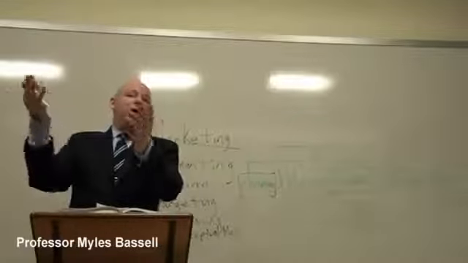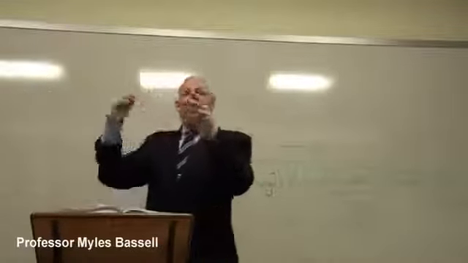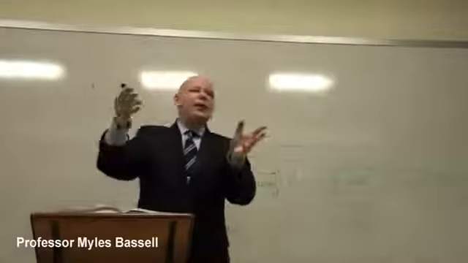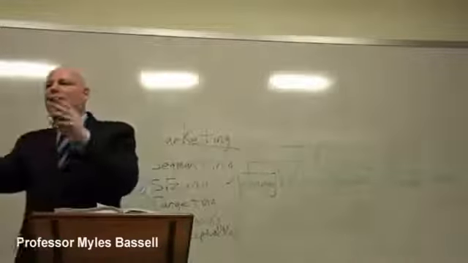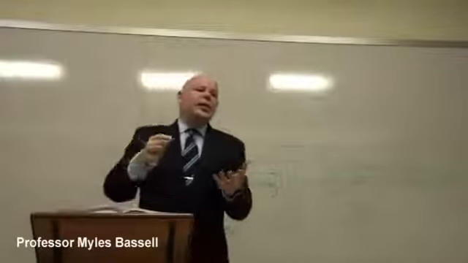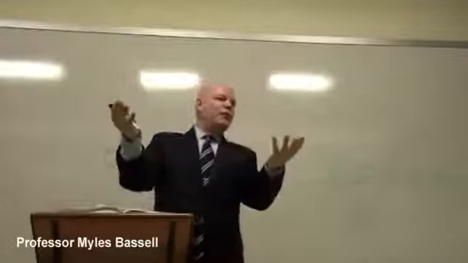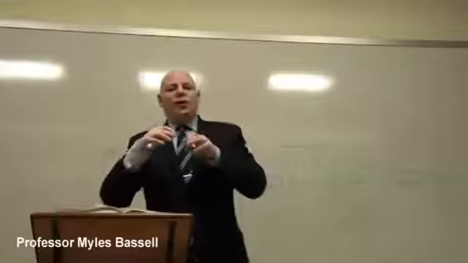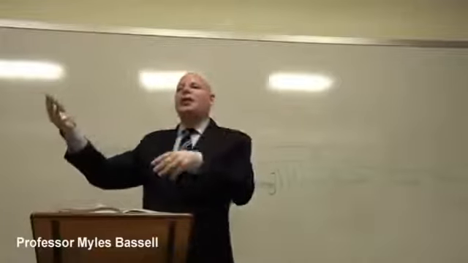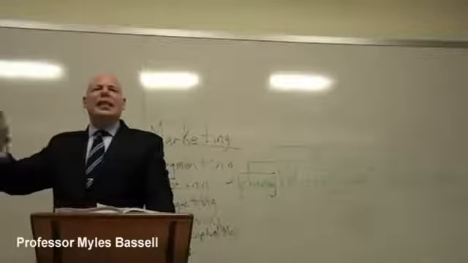So we're going to try to pick the magazines that have the best CPM, cost per thousand, and those that are going to reach a greater percentage of our target audience. But in some cases, we have to use a publication that is going to reach people that are not in our target audience.